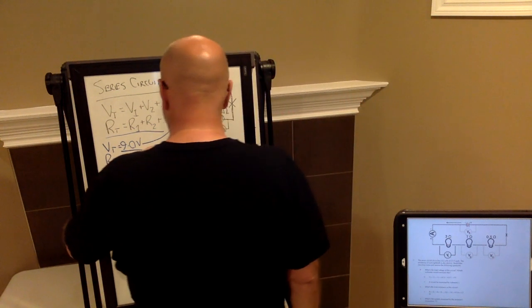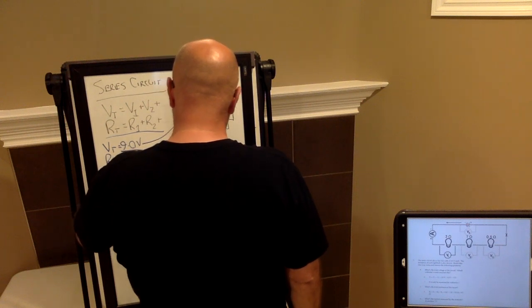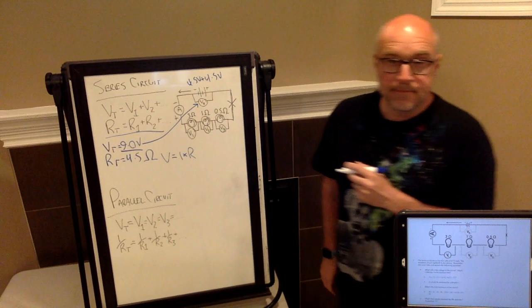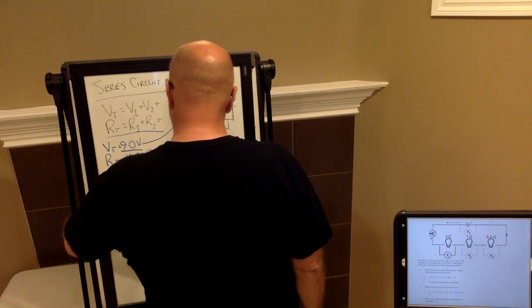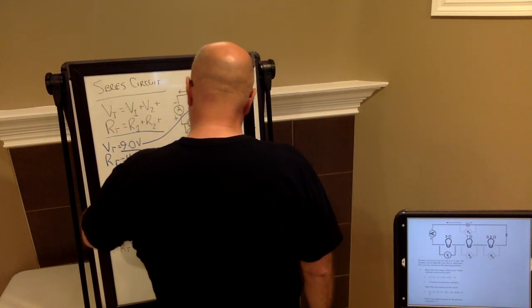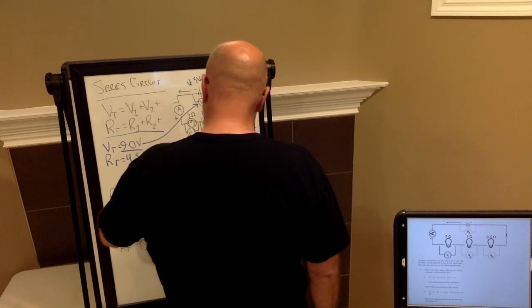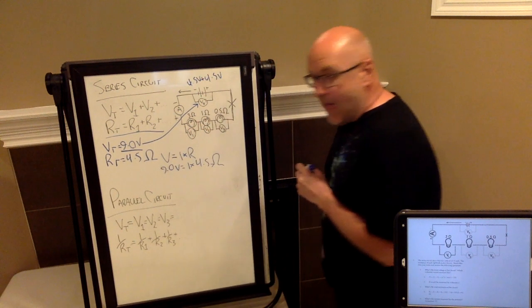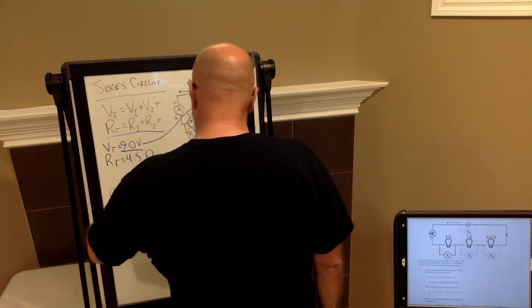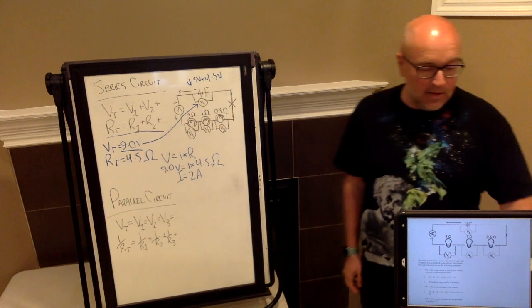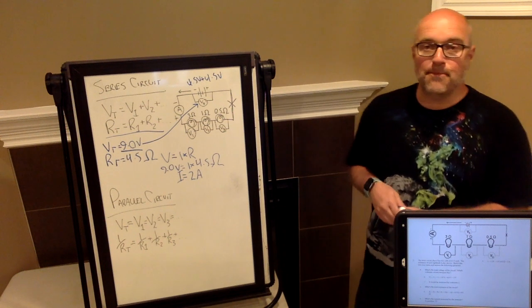I've got my voltage. I know that voltage is equal to I times R, right? Ohm's law. So I'm going to say voltage is 9.0 volts equals I times 4.5 ohms. So that means that I is going to be 2 amps. 2 amps is going to be my measurement at that point on the circuit.